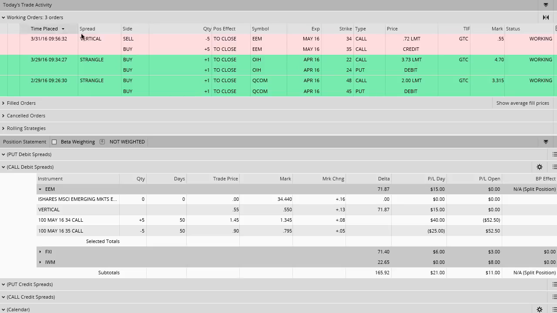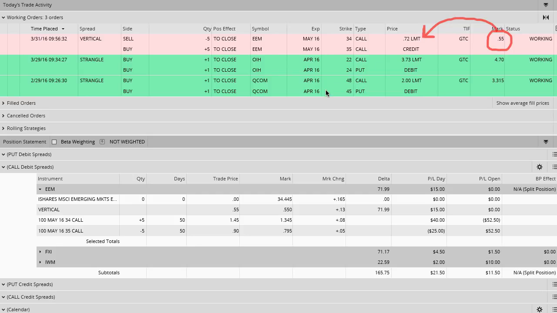Now you can see in our order dialog box up here that we have our closing order. It's a GTC order, very similar to some of our other trades and orders right here. It's going to get us out at $72 whenever the value goes up to that price point. Right now the mark is at 55, which is almost what we paid for the spread, but it's just going to keep working.